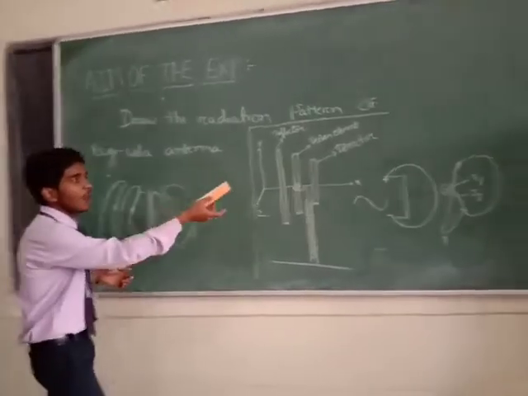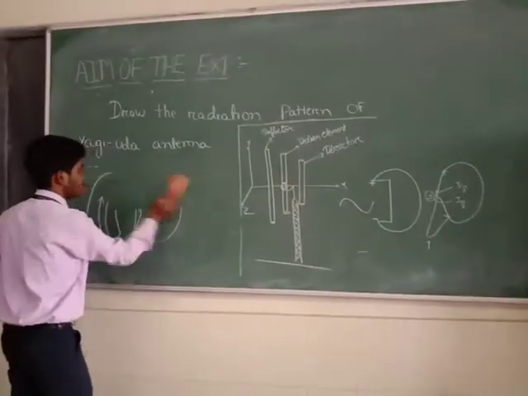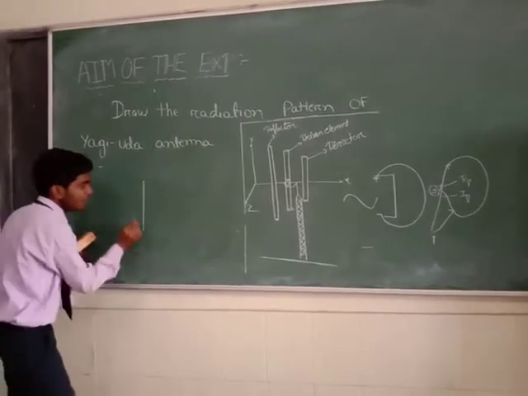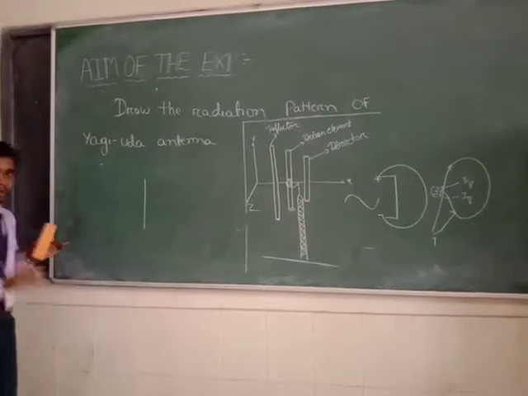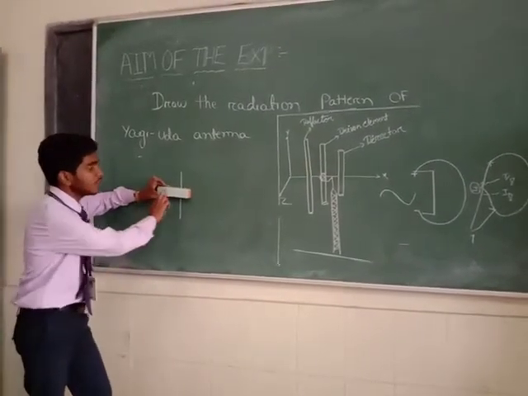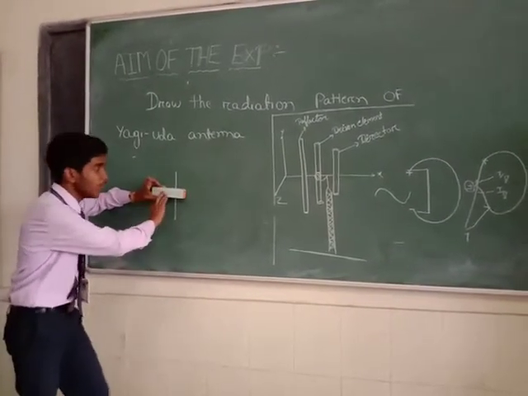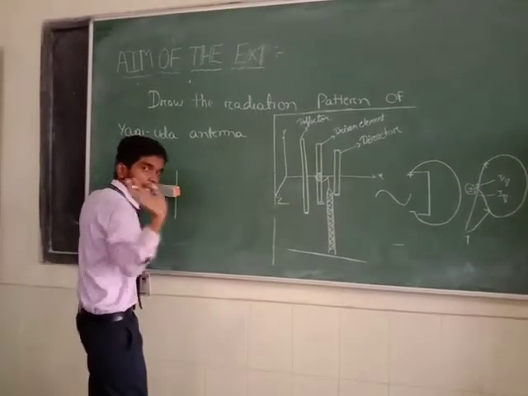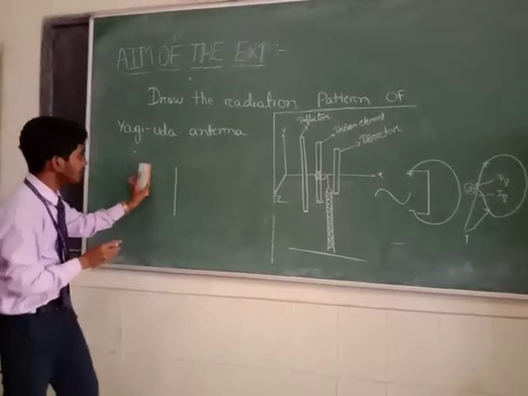Now, what is the work of the reflector? Okay, it releases the signal in the horizontal direction, both sides. But we know our aim is the maximum electromagnetic waves forward in this direction, in a particular direction. So we use a reflector.